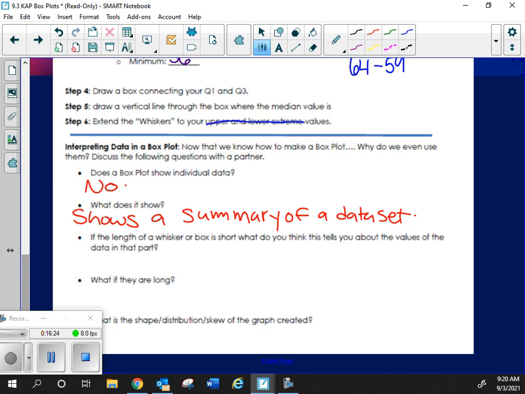Okay, next question. If the length of a whisker or a box is short, what did we say? What do you think it tells you about the values of the data? If the box is shorter, what does it say about that data? Ava? Yeah, it's probably like repeating.